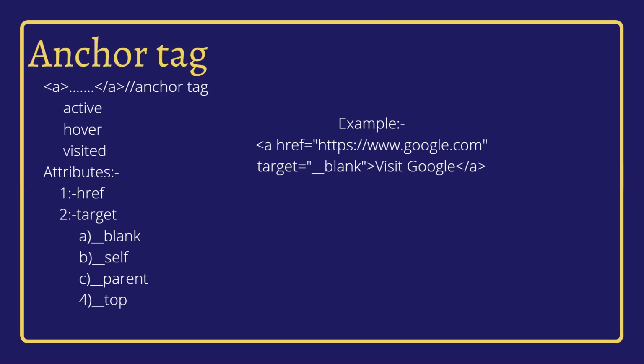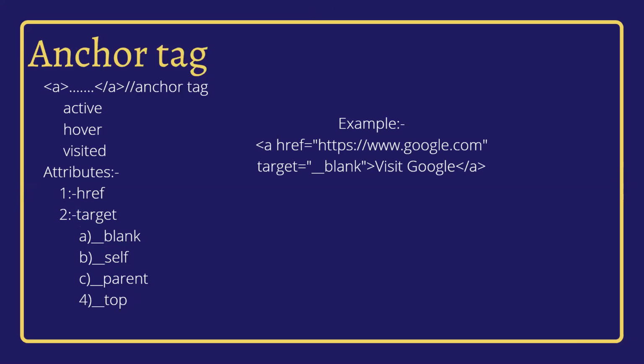There are many attributes which are also used in the anchor tag. We will be looking at it. Some of the attributes are shown here, that is href and the target attribute. The target attribute contains the blank, self, parent, and top values. We will look at it in detail in this session.